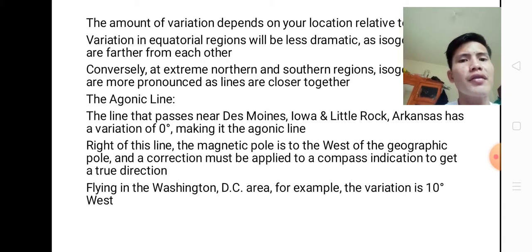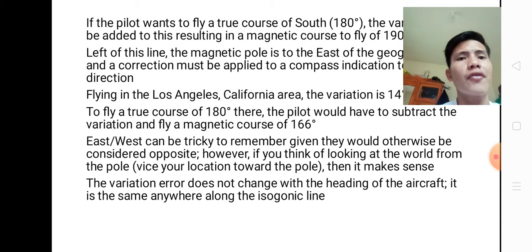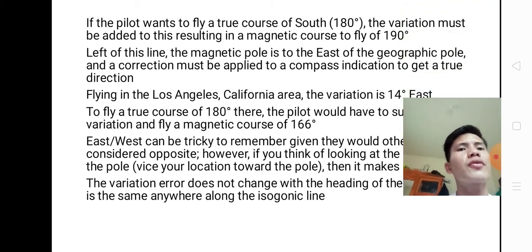Flying in the Washington DC area, for example, the variation is 10 degrees west. If the pilot wants to fly a true course of south, 180 degrees, the variation must be added to this, resulting in a magnetic course to fly of 190 degrees.